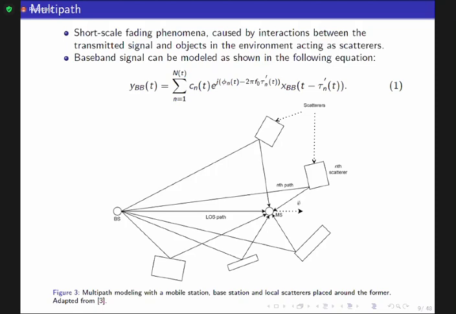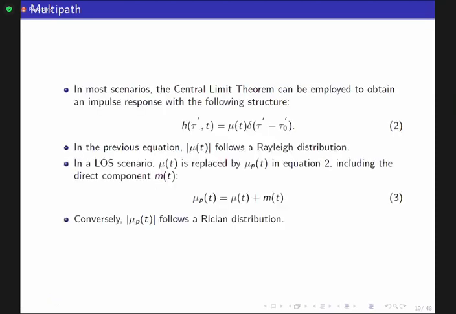On screen, you can see in figure 3 a very simplified diagram of how multipath can be modeled. We have n scatterers. Each scatterer creates its own path and leads to a different signal that's added up at the receiver end.